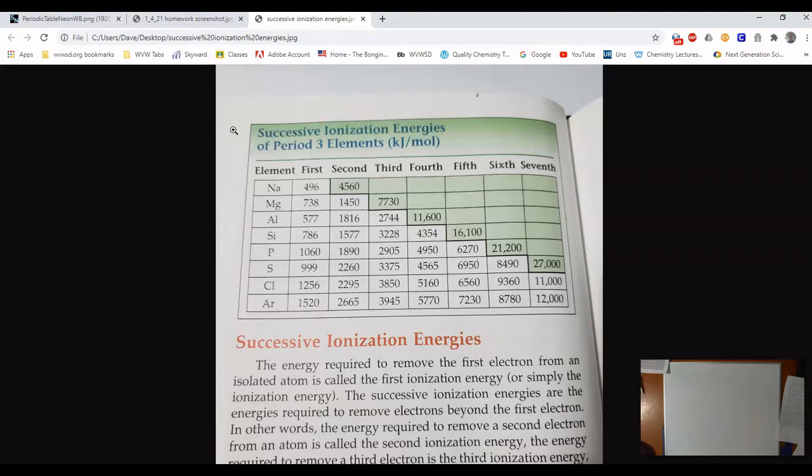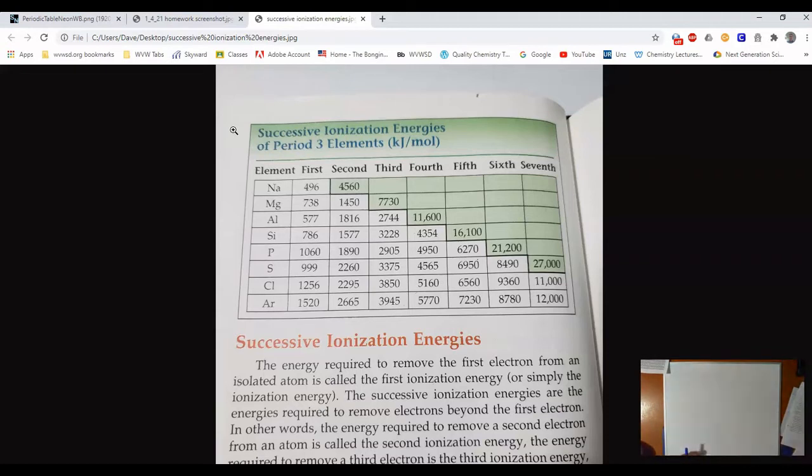It was a PDF file, and this one was on page 180. If you want to look through that PDF file, just taken out of what's normally our chemistry textbook.